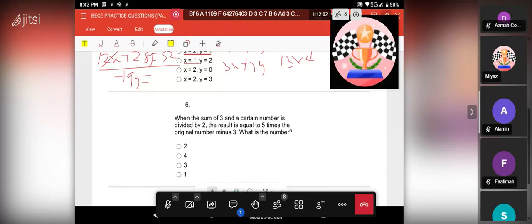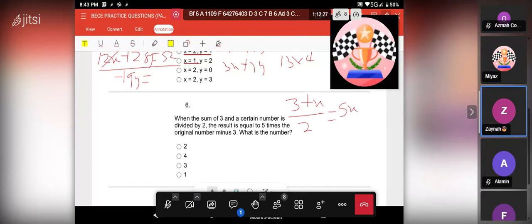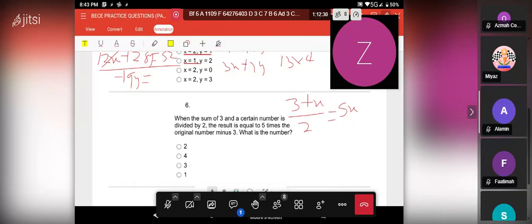The sum of 3 and x, 3 plus x, divided by 2, equals 5 times the original number minus 3, that is 5 times x minus 3. This is the interpretation. Is that correct?